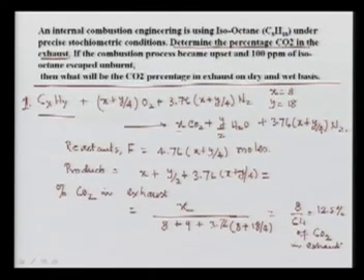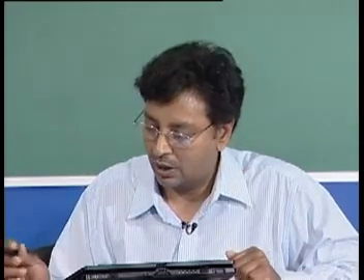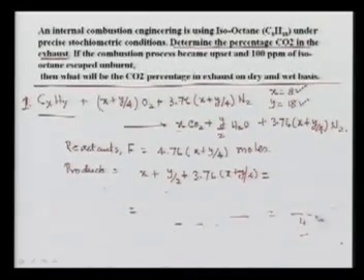So I could find the total moles because x and y are known. x is 8, y is 18, and the moles of CO2 in the exhaust is x divided by the total moles, so that is 8 by 64, which gets you 12.5%. And generally you will find that the CO2 concentration is around 12% in a normal combustion process. It can vary, but that's the general value.